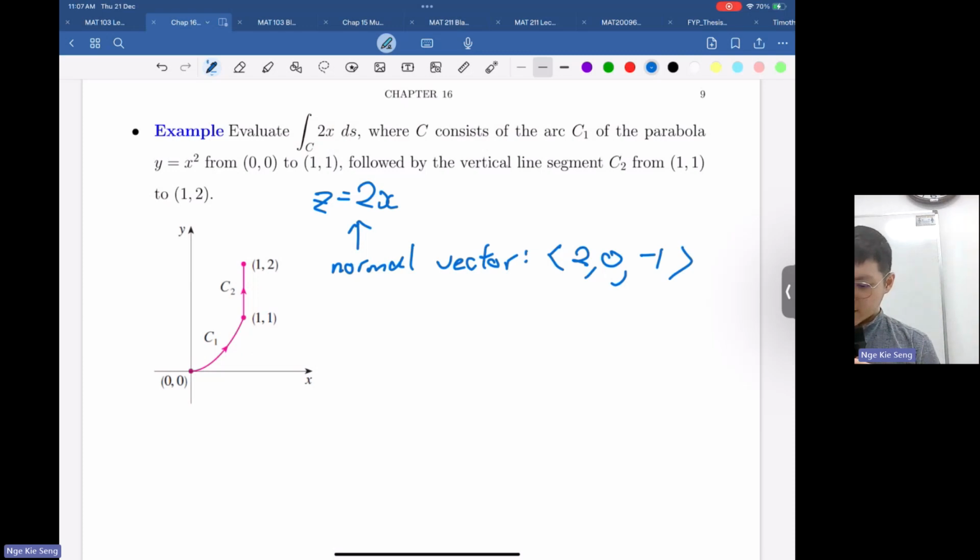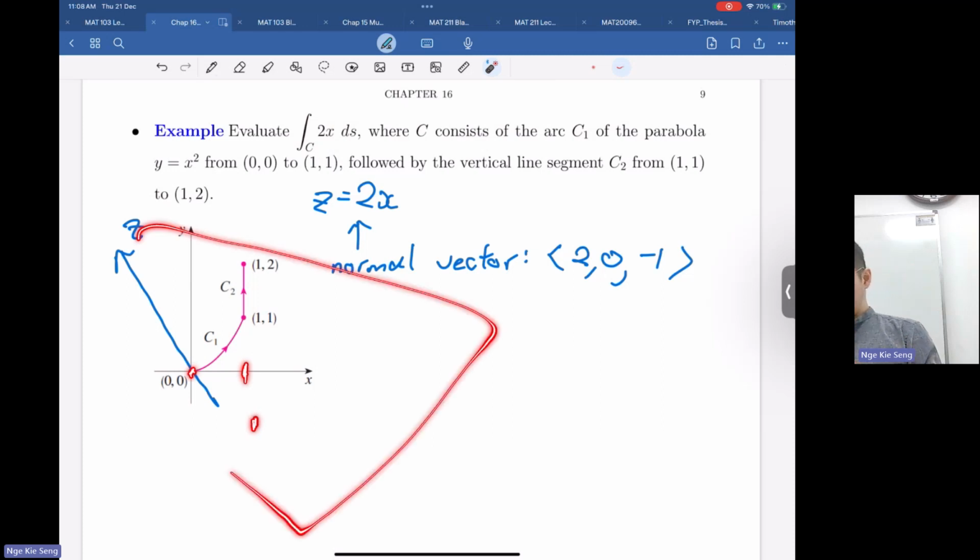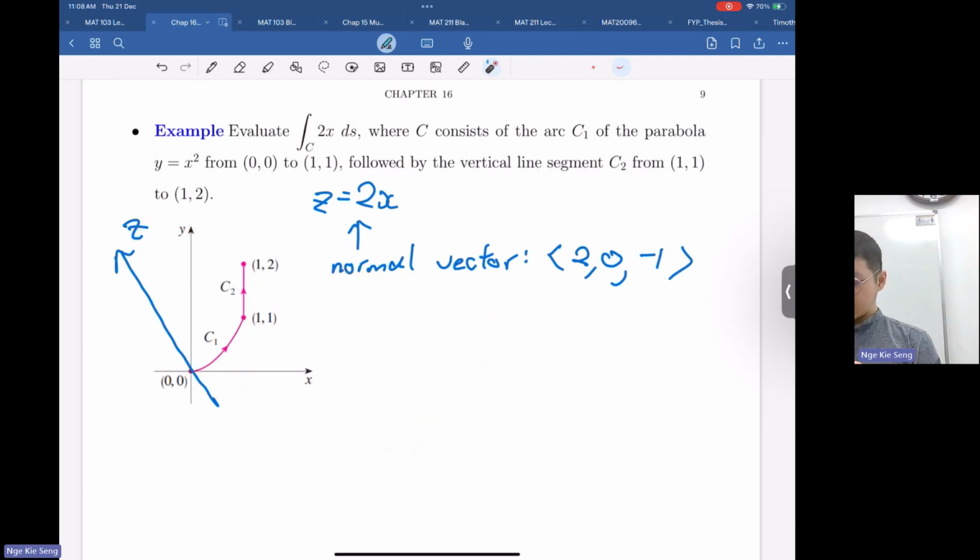You should think of a plane up at the top here. 2 is this side, 0 is this side, and minus 1 is down there, so you have a plane going like this.